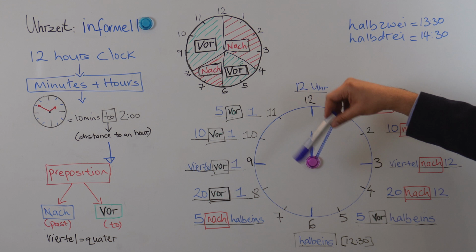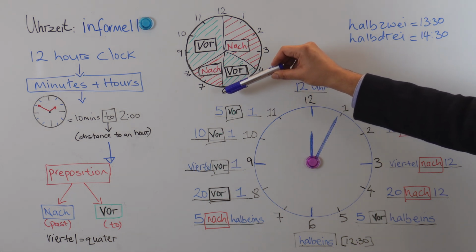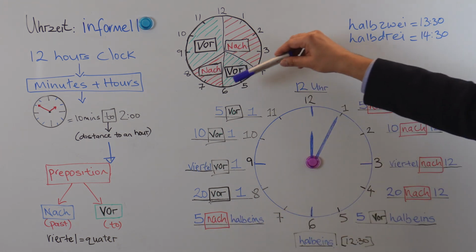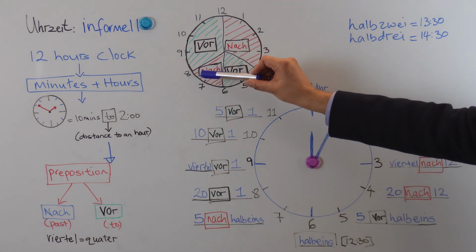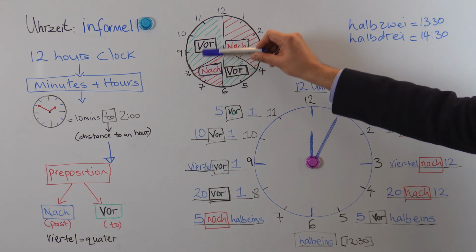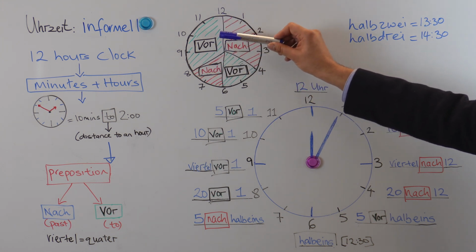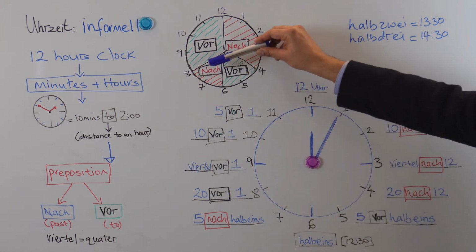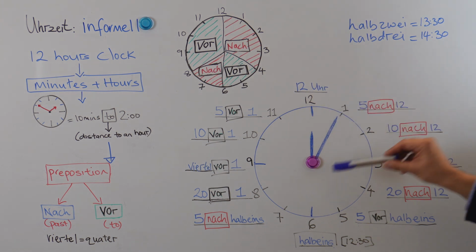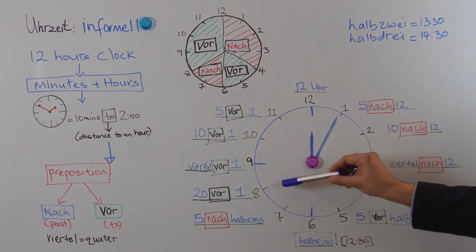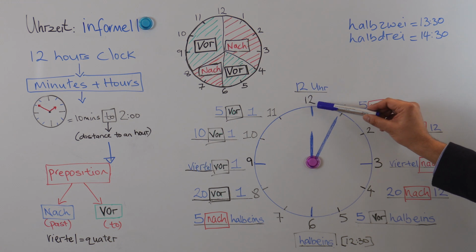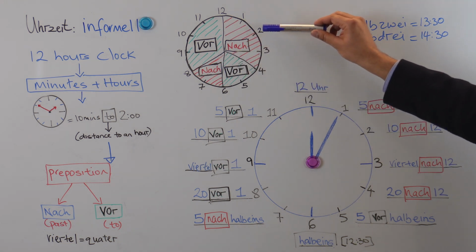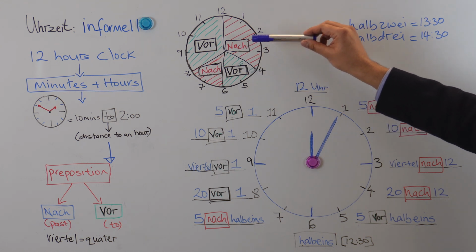And then, after halb, you enter the nach area, just like 5 nach halb eins. So it goes till 40 minutes. And then after 40 minutes, you enter the vor area once again, and you say 20 vor eins, just like 20 minutes to 1. These are the areas in German time in the informal way to tell the time.